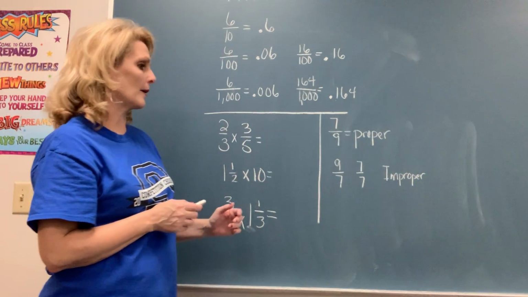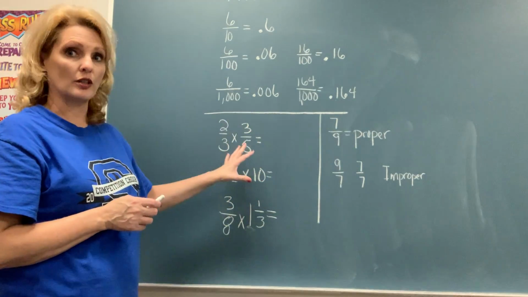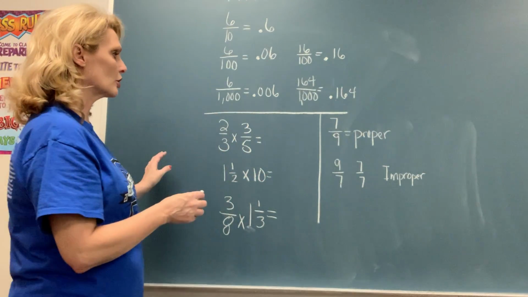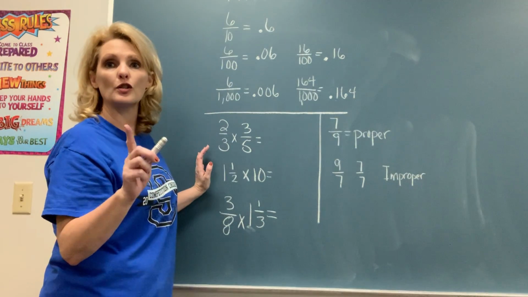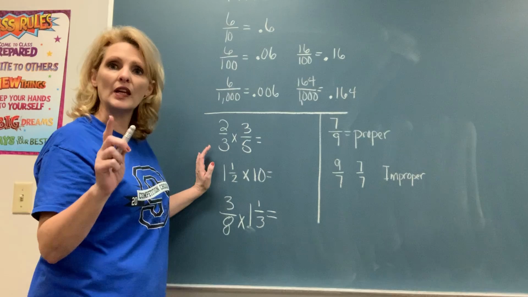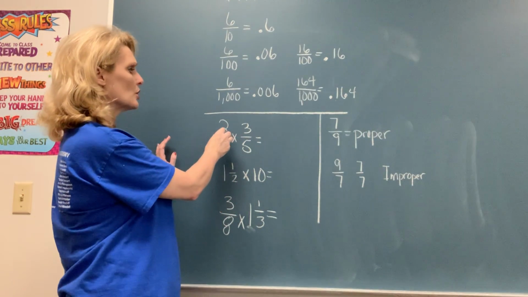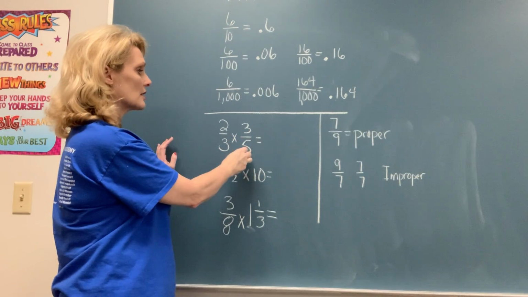Okay? All right, so the next thing we need to review are the fractions. Make sure the very first thing you do anytime you're multiplying fractions, look and see if anything needs to be canceled out first. You have 2/3 times 3/5.